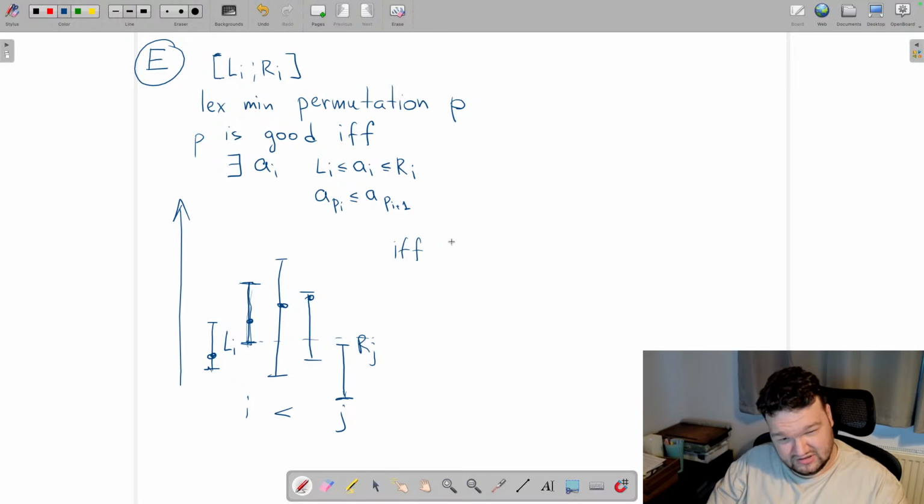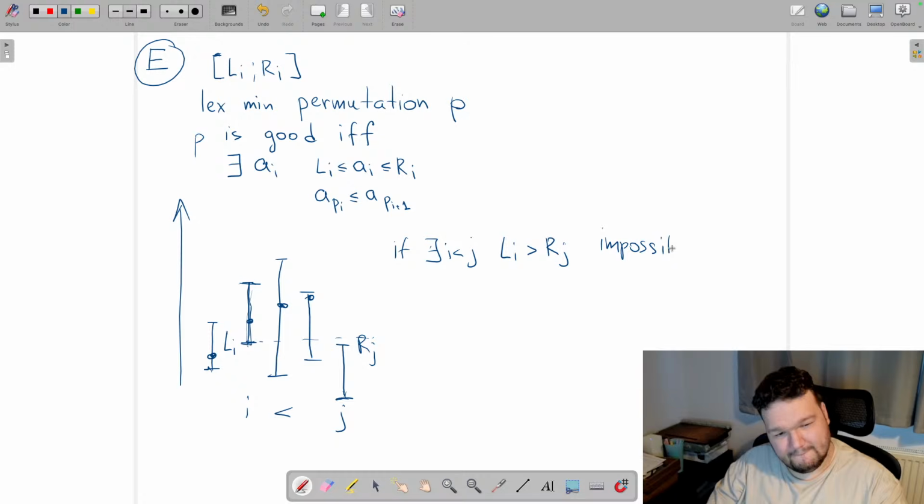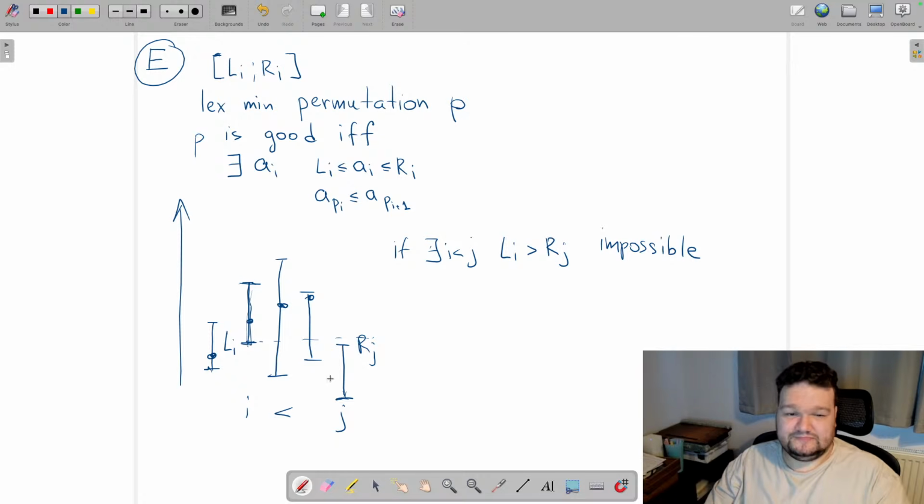So if there exist I and j such that Li is greater than Rj, it is impossible. So that's clearly a necessary condition. And it turns out that it is sufficient.